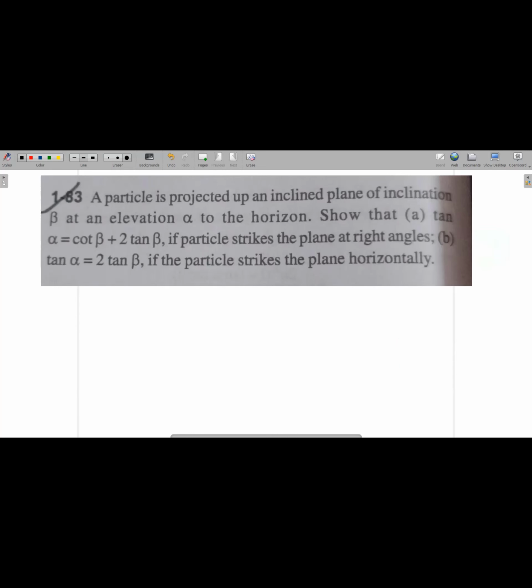See, the question says a particle is projected up an inclined plane of inclination beta at an elevation alpha to the horizontal. Basically this is trigonometry, this is not the physics. This is the ground, and the angle of inclination is beta.